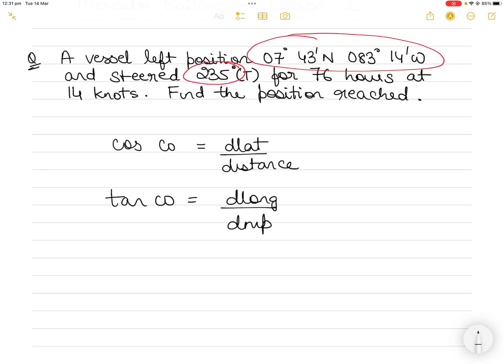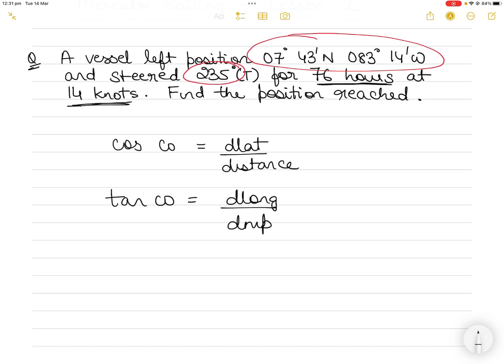We try to find what has been given to us and how we can find out what has not been given to us. Because you are experienced mariners already, the question is: a vessel left position 7 degrees 43 minutes north, 83 degrees 14 minutes west, steer 235 degrees true for 76 hours at 14 knots. Find the position arrived.